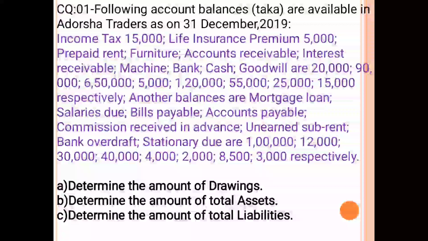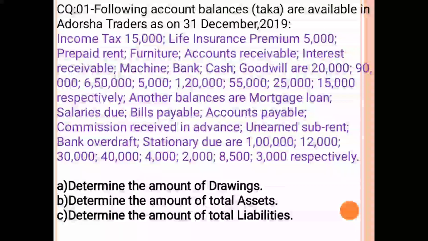Income tax 15,000, life insurance premium 5,000, prepaid rent, furniture, accounts receivable, interest receivable, machine, bank, cash, goodwill are 20,000, 90,000, 6,50,000, 5,000, 1,20,000, 55,000, 25,000, 15,000 respectively.